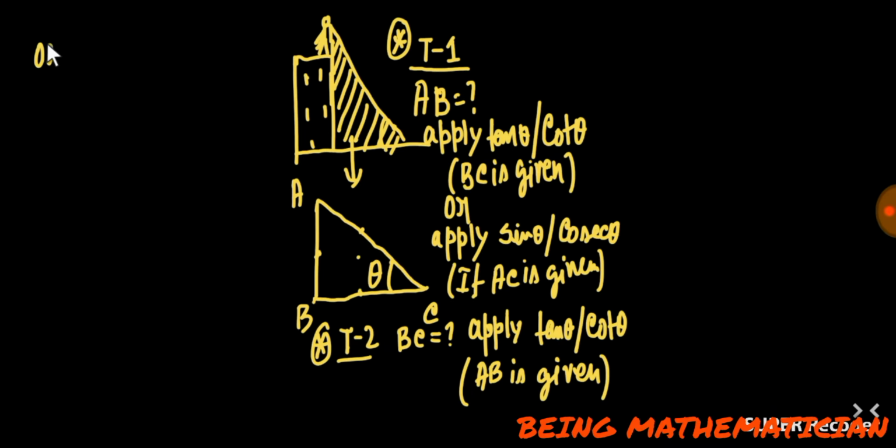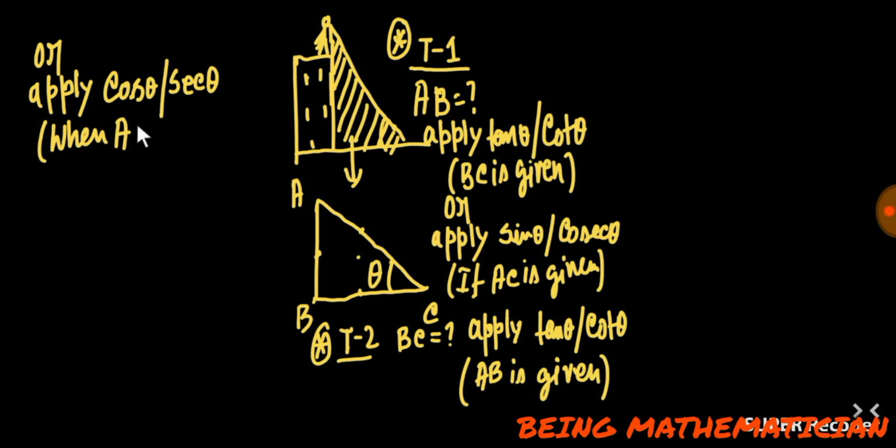Or apply cos theta or sec theta when AC is given, since we know that AC, the hypotenuse, and BC, the base, are involved in the formula of cos theta or sec theta.